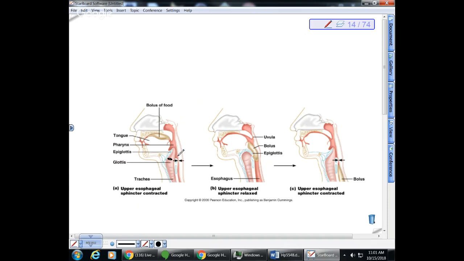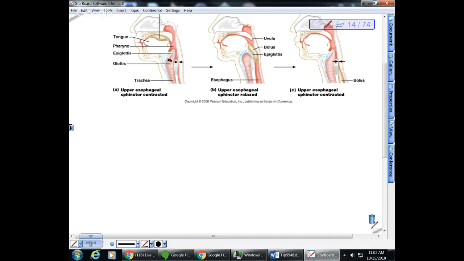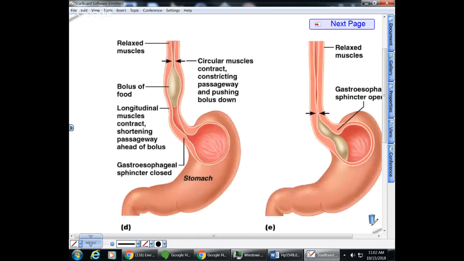So once it gets past the back of that throat, the back of the oropharynx, once it gets into the laryngopharynx, then this is all involuntary, that movement of the food. And so peristalsis proceeds. So we have relaxing and contracting of the smooth muscle. And what they're not showing here is the diaphragm. So your stomach sits below the diaphragm like that.